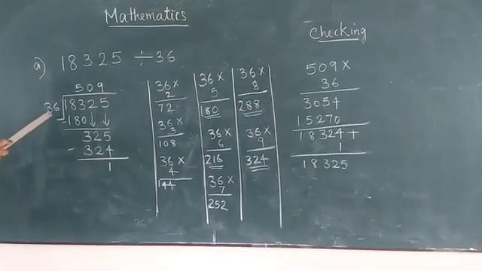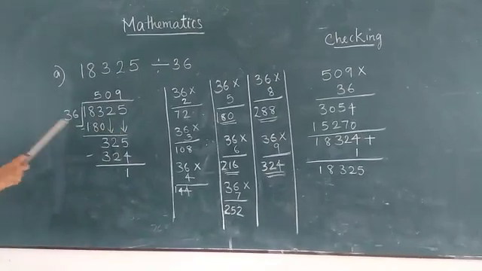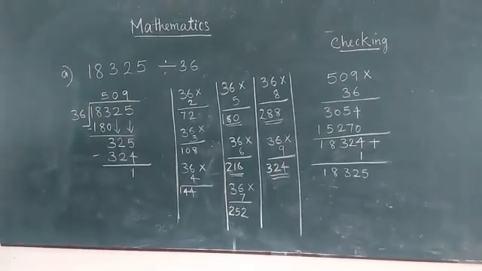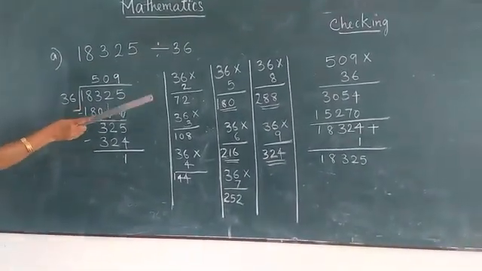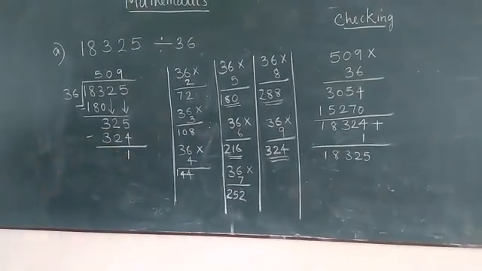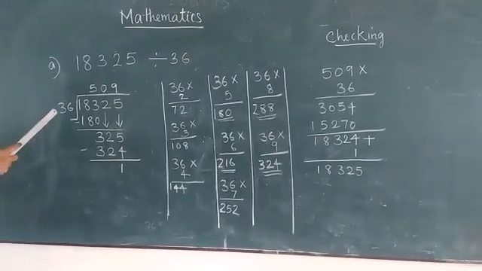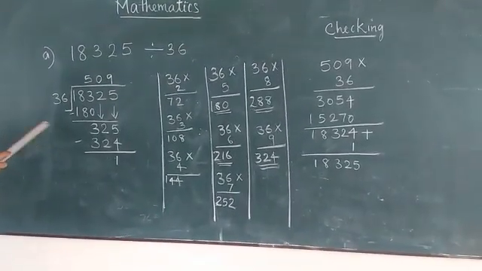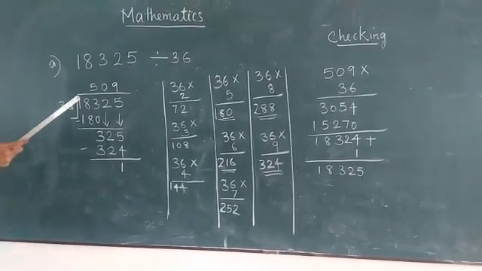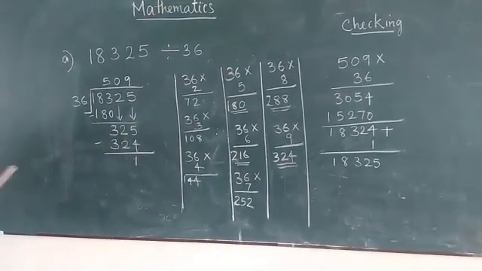Then for an easy method, you can write the multiples of 36, 36 into 2, 36 into 3 up to 9, in the working column. It will help you to do the calculation easily.